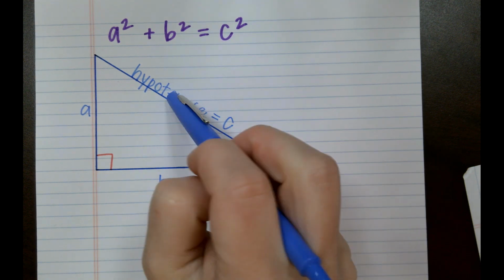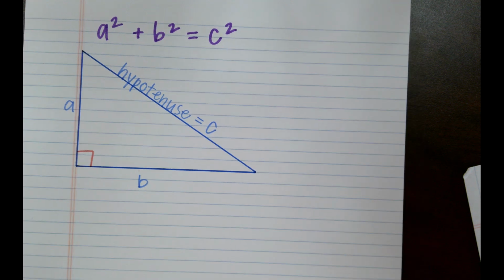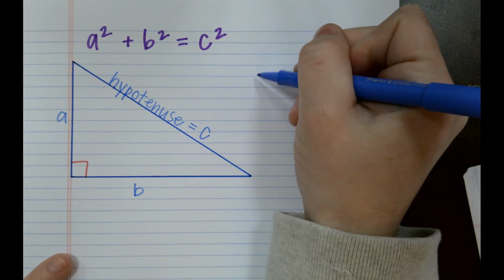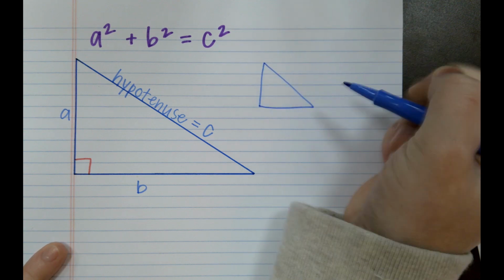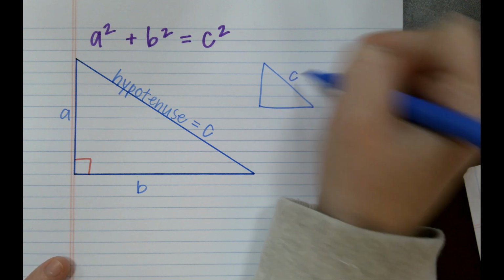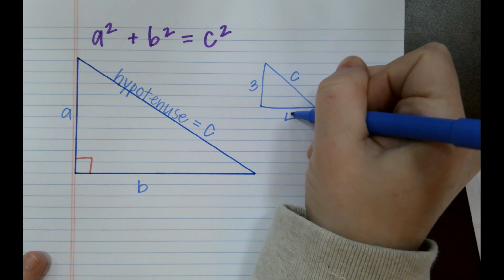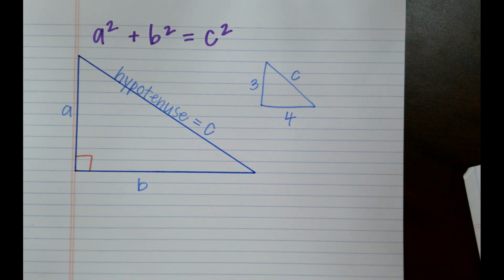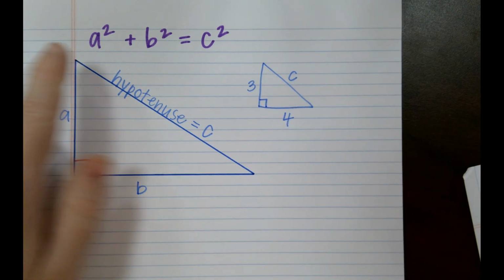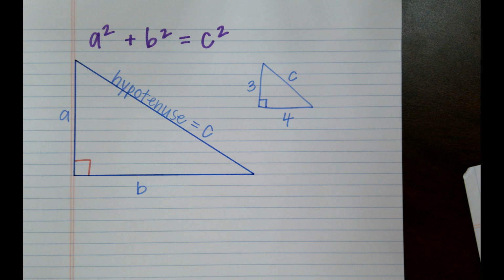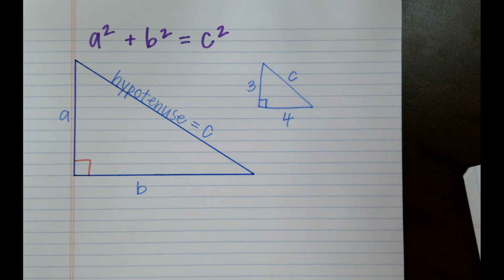Perfect. So the hypotenuse is always directly right across from the right angle. So if I had a right triangle, and let's say I did not know what the measure of C was, but I knew that A was 3 and B was 4, like this, we could then use A squared plus B squared equals C squared to figure out what the measure of C is.